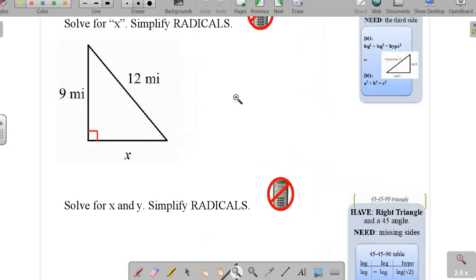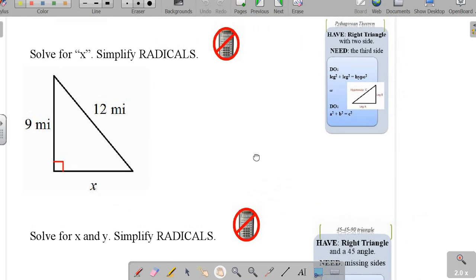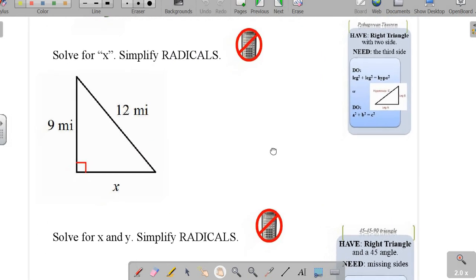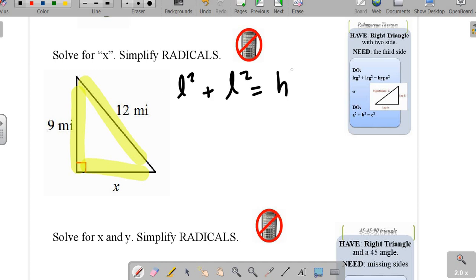So the first tool we learned was have 2 sides, need a 3rd side, PTHAG. So if you have 2 sides and you need a 3rd side, we are doing leg squared plus leg squared equals hypo squared. I'm going to give you a 10-second lead and see if you can't do this on your own and beat me.